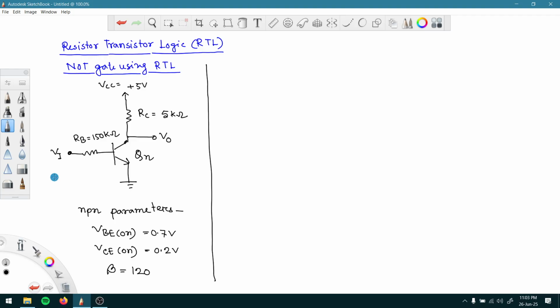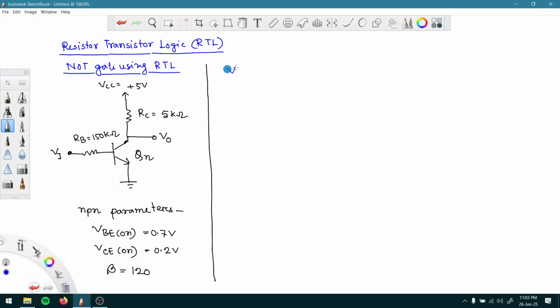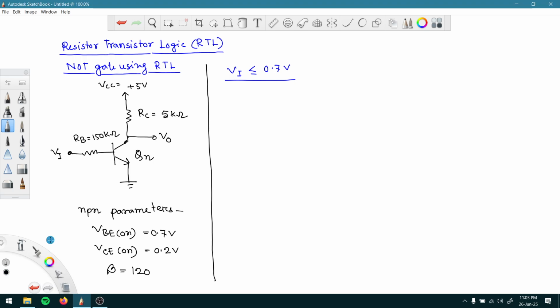For that, let us start with a very low voltage of 0 volt. What will happen whenever we have a voltage value of Vi which is less than or equal to 0.7 volt? If we have given a voltage that is less than 0.7 volt, we are never going to get the appropriate voltage at this node, right?